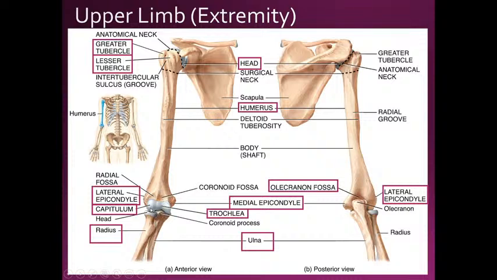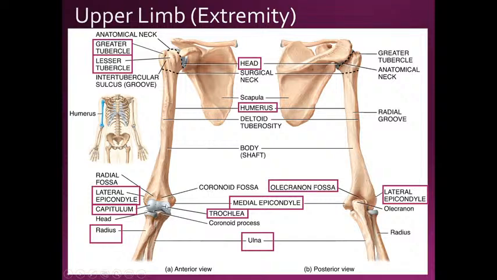All right, so the rounded process articulates with the head of the radius. The capitulum articulates with the radius. And then over here, the trochlea is actually a V-shaped depression, shaped like the letter V, and it articulates with the coronoid process here of the ulna. And that comes up when you flex your arm.